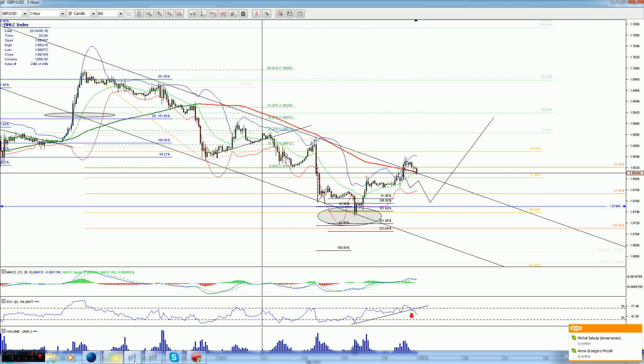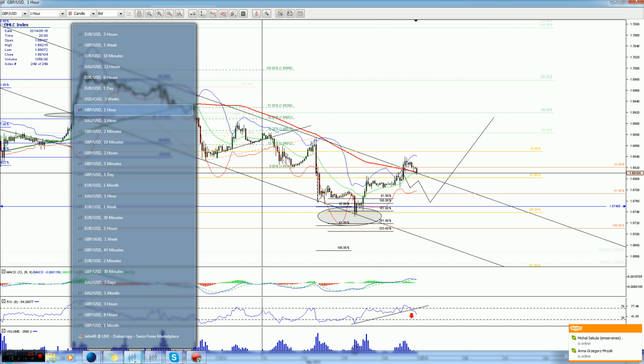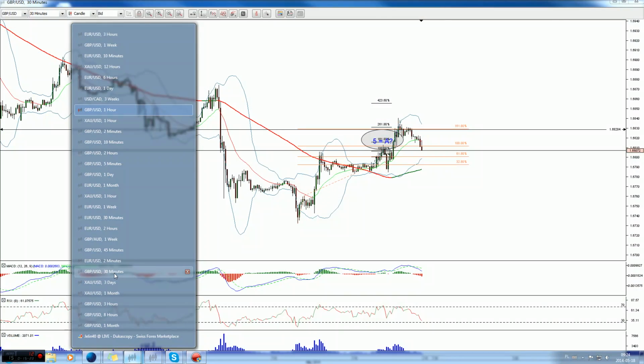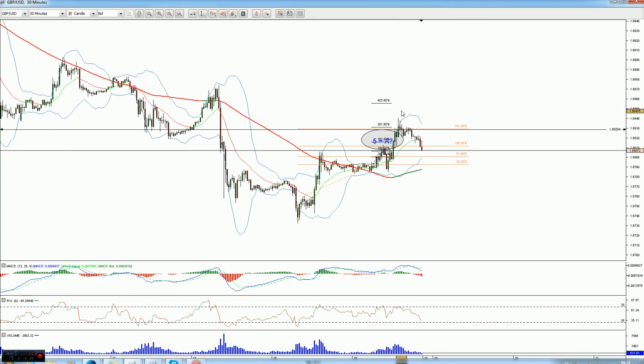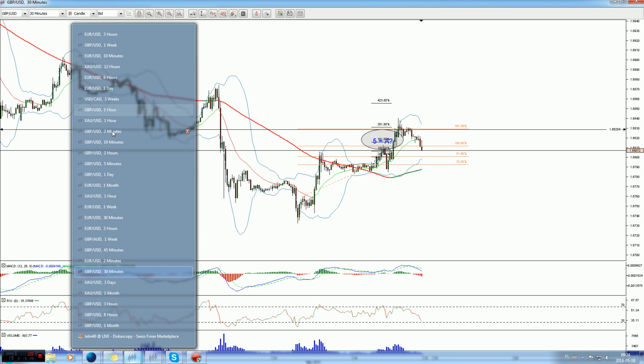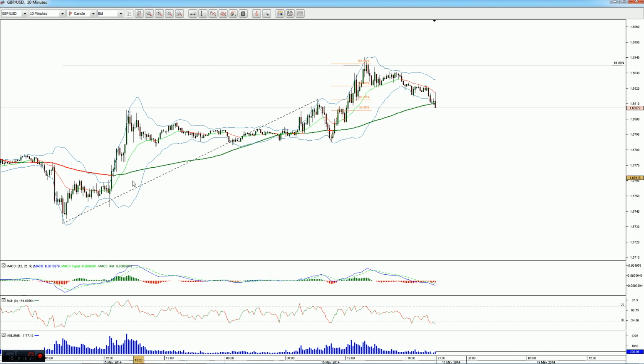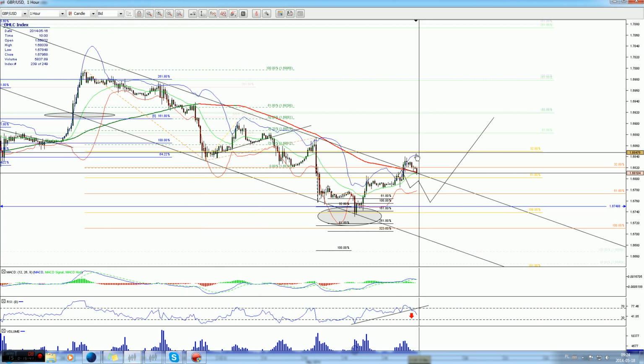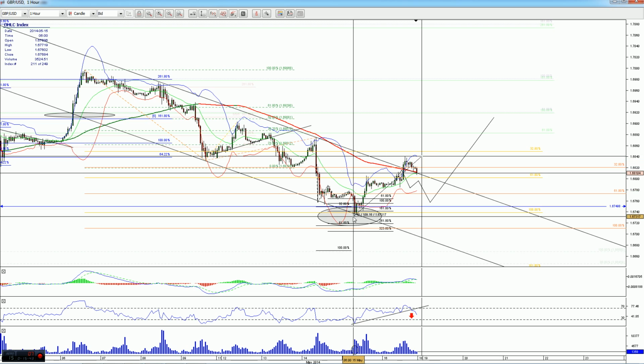But anyway, it was a very nice count. I guess I had it on 10 minutes. Yeah, on 10 minutes. 30 minutes, 10 minutes. It has confirmed that the market has finished this upward move, and it's probably making a correction. Okay, and this correction may take like 50% of this move.